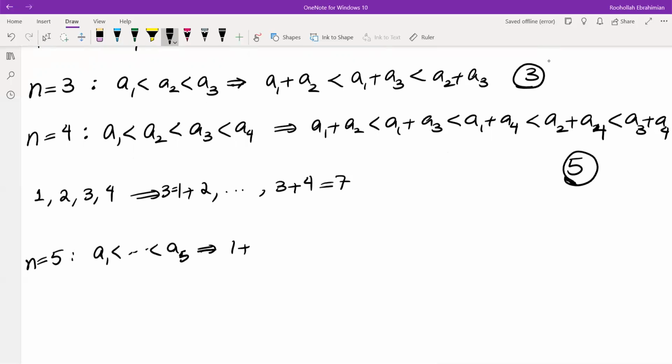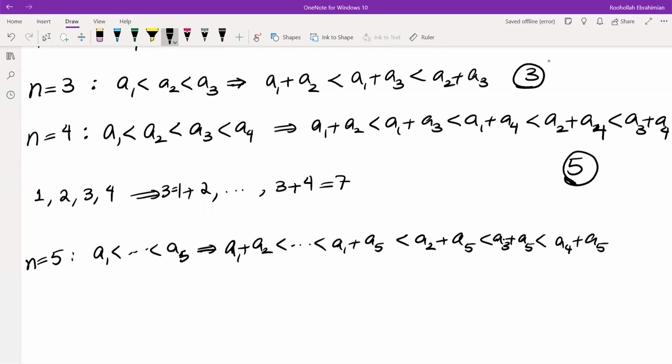So I'd be able to do a1 plus a2 up to a1 plus a5, and then a2 plus a5, increasing a2, up to a4 plus a5. I guess there's just one element here, a3 plus a5. So I started from a1 plus a2 to a1 plus a4, a1 plus a5.